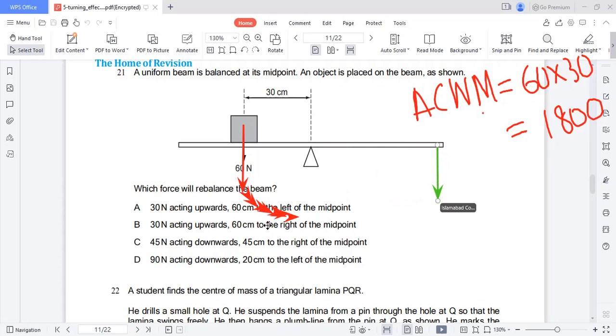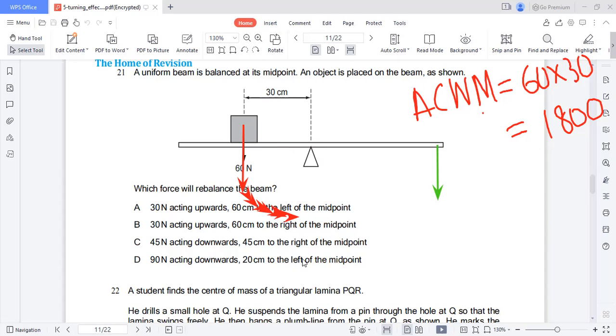Okay. And the force would be to the right side of pivot. So let's check the left of the midpoint, midpoint and left side.